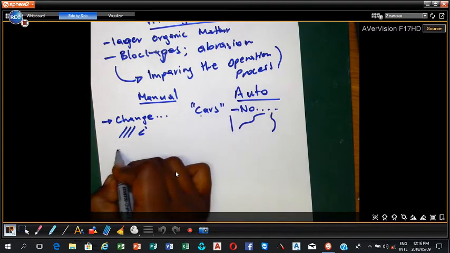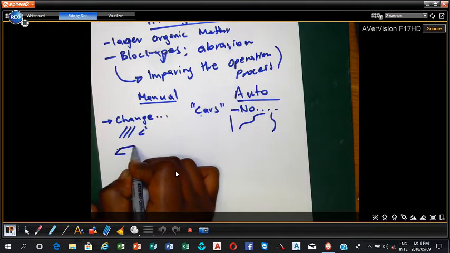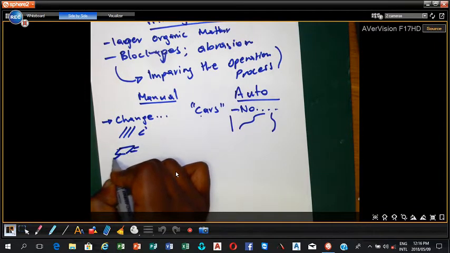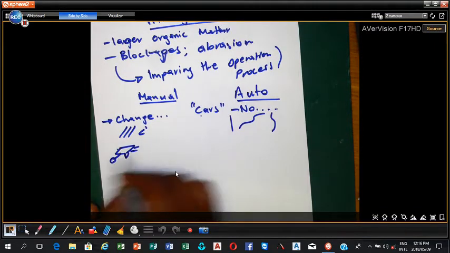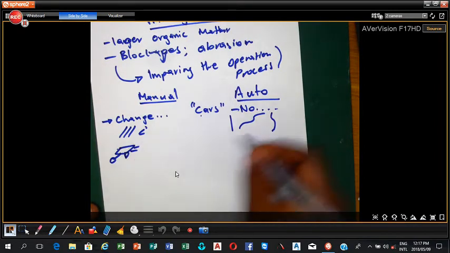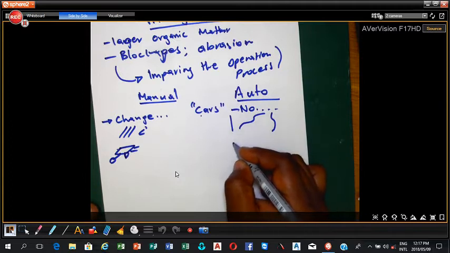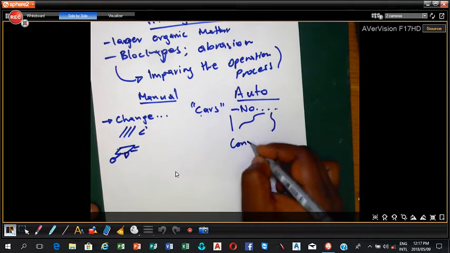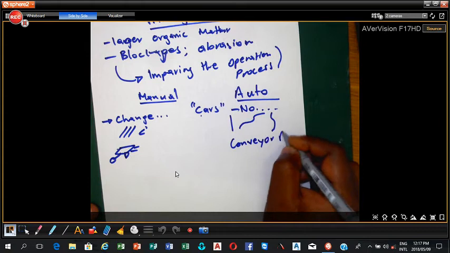Here, you also make use of wheelbarrows. You make use of wheelbarrows for collection of waste, screenings, and then here there is no wheelbarrow. You might be using a conveyor belt.